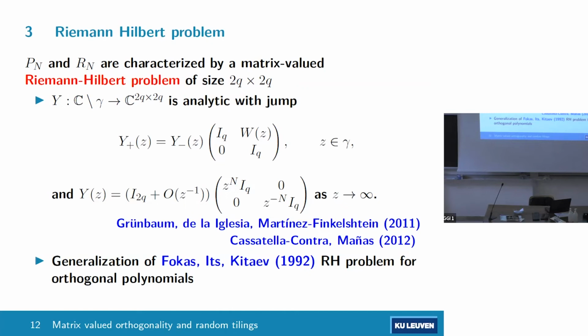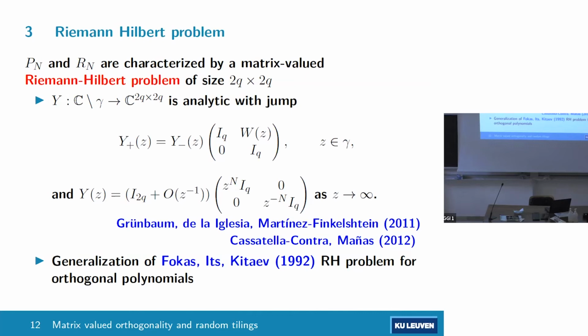It's defined and analytic away from the contour. If you approach the contour from the inside, there's a certain limit called Y plus. From the outside, it's called Y minus. These two will not be the same, but they're connected with this jump matrix here that contains the weight, the orthogonality weight.